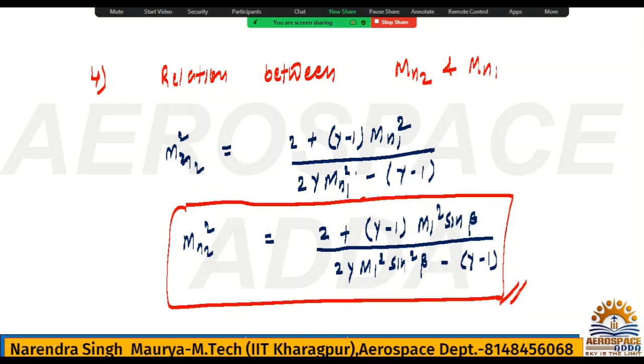Now, just like we got Mn1 from M1, again we have to find the M2 value from Mn2. So for that, what we need to do? We'll see the diagram once again, then we'll get how to find that value.